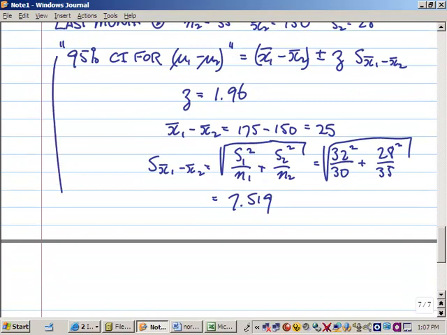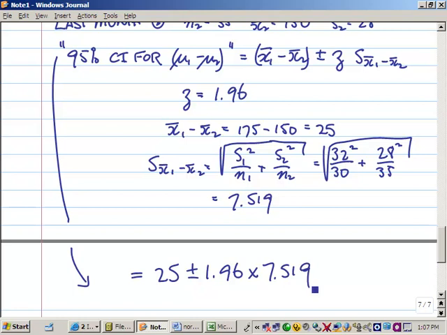And so our confidence interval is equal to the sample increase, plus or minus the appropriate z-value 1.96 times the standard deviation 7.519.